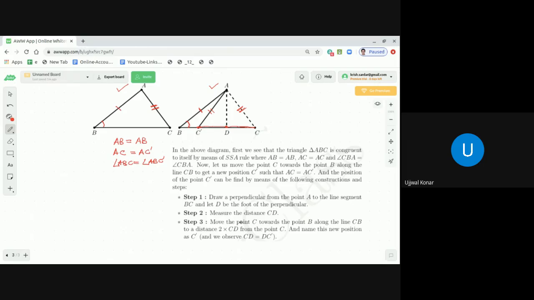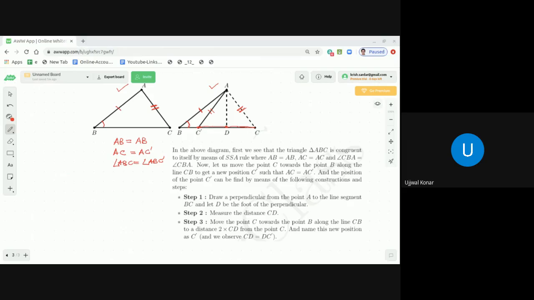Step 2, measure the distance CD. And step 3, move the point C towards the point B along the line CB to a distance 2 into CD from the point C and name the new position as C dash. So what we observe is that CD is equal to DC dash.